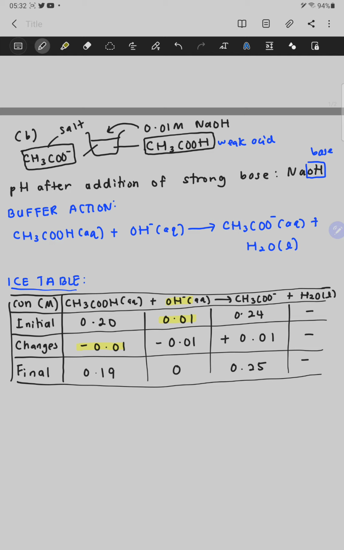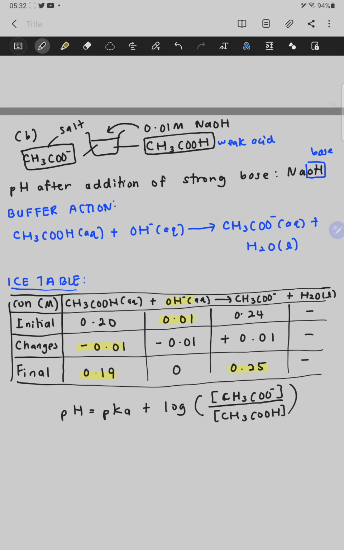Right, so once we have the final concentration of both the weak acid and the conjugate base, only then do we recalculate the new pH using the same formula: pKa plus log concentration of conjugate base, CH3COO-, over concentration of weak acid, CH3COOH.